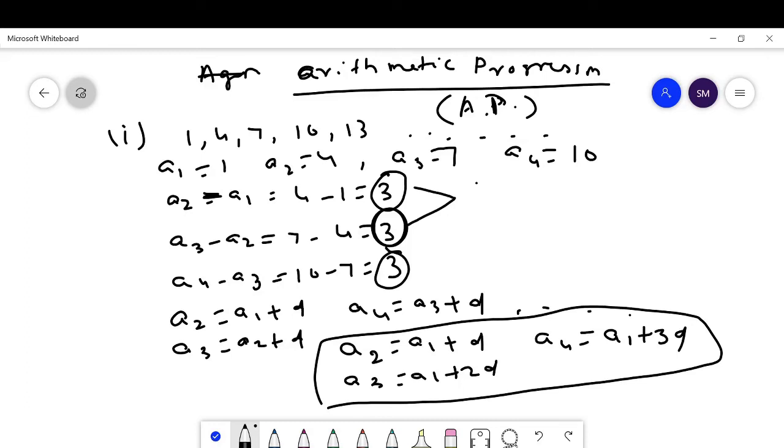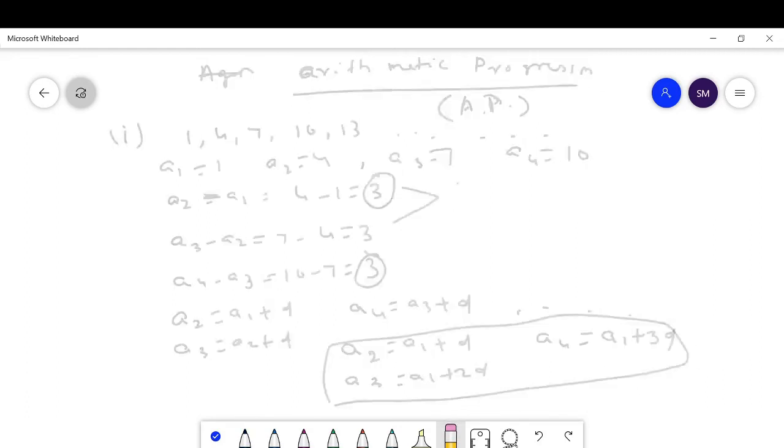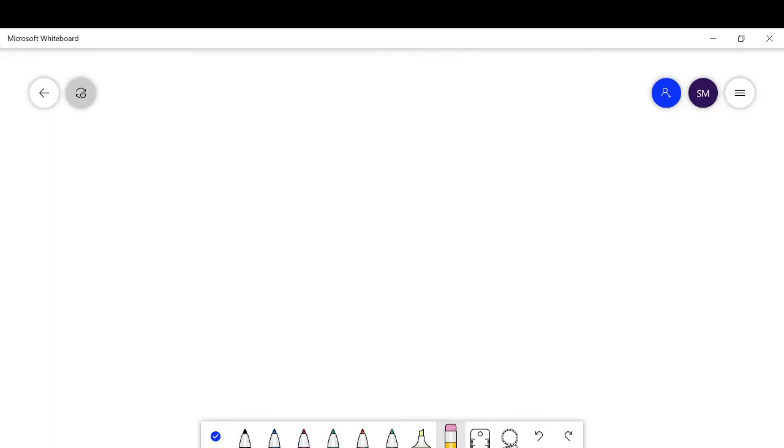In this way we can write the arithmetic progression, as I erase for the next page. We can represent the arithmetic sequence this way: suppose the first number is A, the second is A plus D, the third is A plus 2D, then the next is A plus 3D.